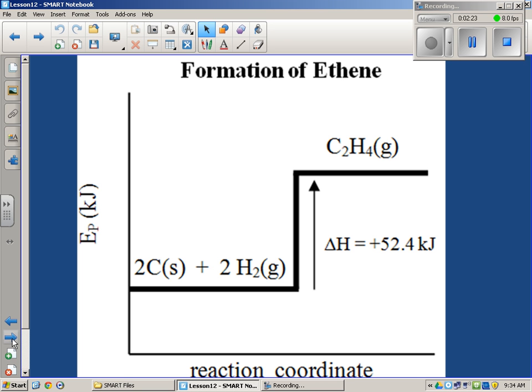It requires 2 carbons and 2 hydrogens, and of course you would have to put in 52.4 kilojoules of energy to make C2H4, ethene. We've done that before. That's a potential energy diagram. This is obviously endothermic. You have to put energy into it to get your products.